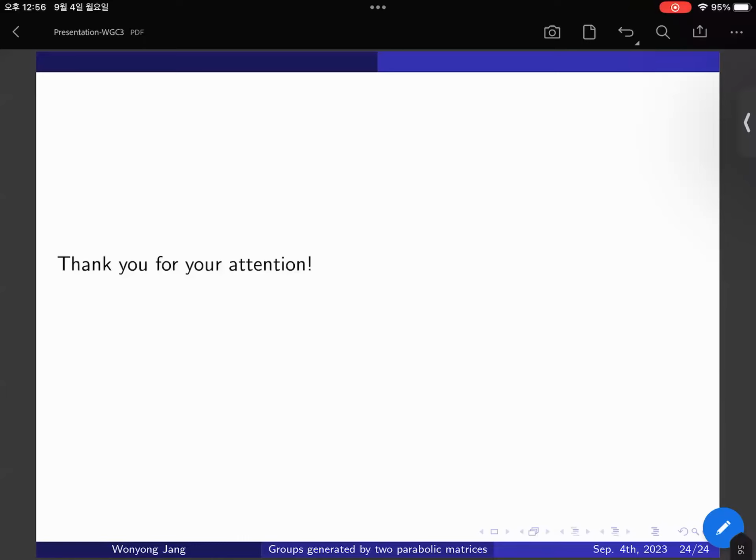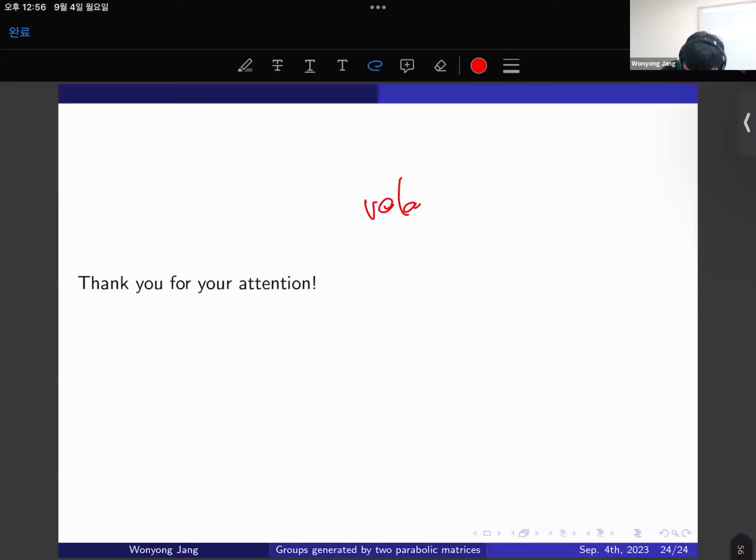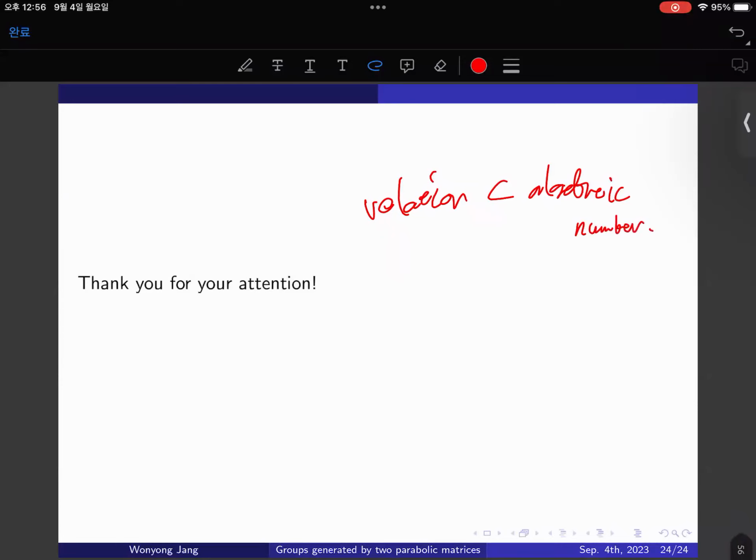Yes, the cardinality should be countable, because the set of relation numbers is a subset of algebraic numbers. Okay, I see. Yes, algebraic numbers are countable.